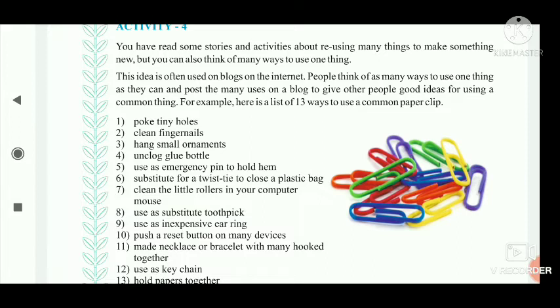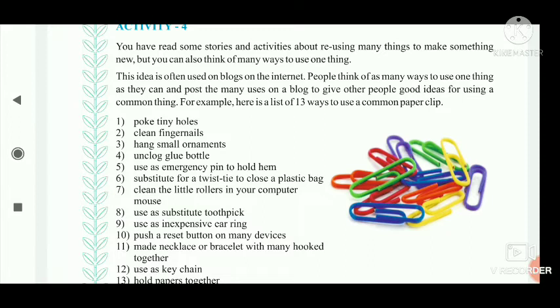Number 1, poke teeny holes. Number 2, clean fingernails. Number 3, hang small ornaments. Number 4, unclog glue bottles. Number 5, use as an emergency pin. Number 6, substitute for a twist tie to close a plastic bag. Number 7, clean the little rollers in your computer mouse.